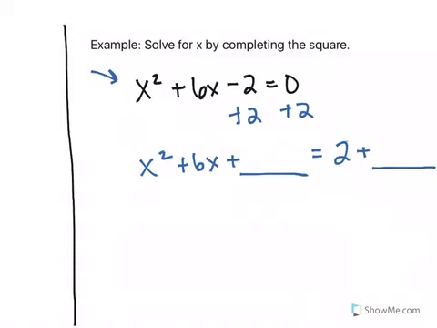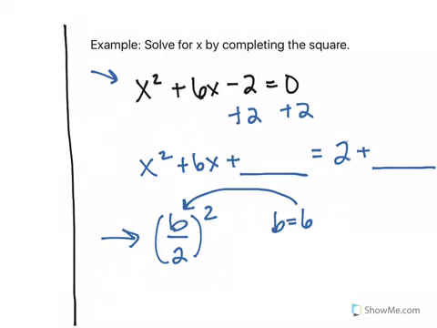Well, what I told you on the last slide was that we can always put into this blank b divided by 2 squared. In this case, b equals 6. So if I plug in 6, we would get 6 divided by 2 squared, which equals 3 squared.